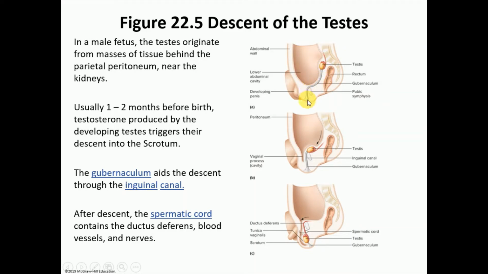It is guided by this ligament known as the gubernaculum. This is a word you want to be familiar with, and the gubernaculum is going to pull the testis down, and as it's pulling the testis, it'll pull with it its blood supply. So there will be an artery and a vein, also its lymphatic drainage, and its nerve supply as well.